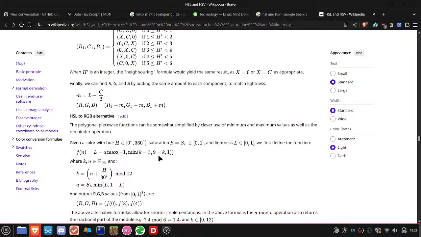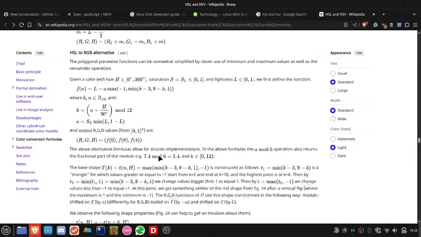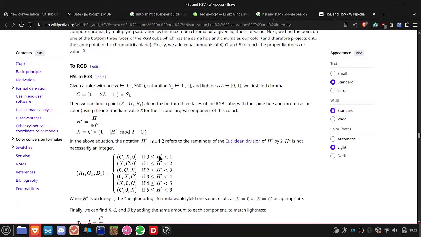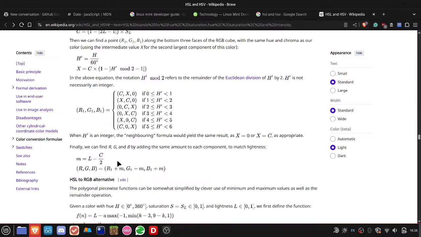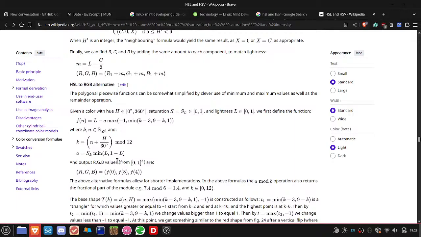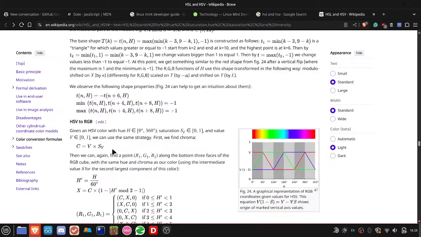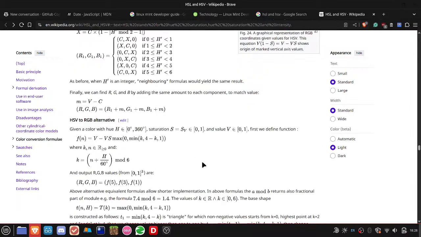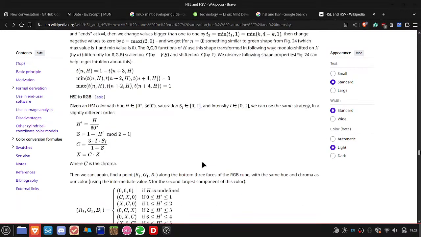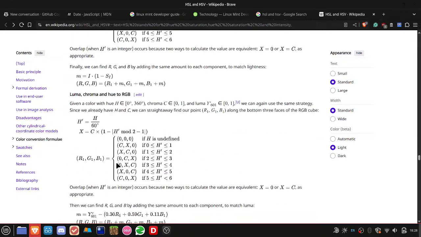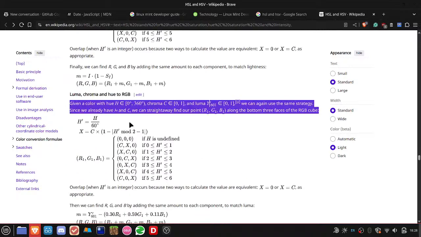HSL to RGB, HSL to RGB alternative. HSB to RGB. This is a very good representation of the HSB to RGB thing. HSI to RGB. Luma, Chroma, and Hue to RGB.